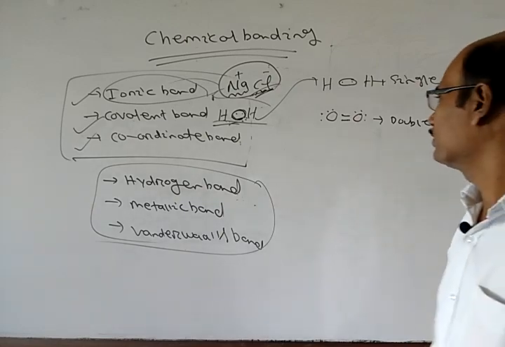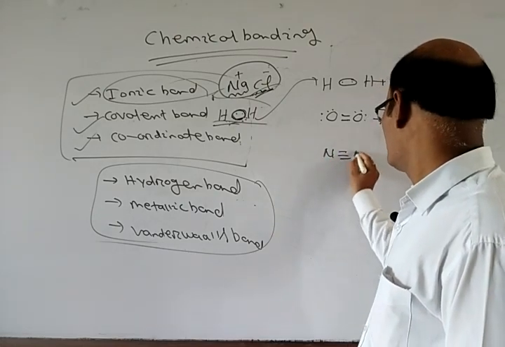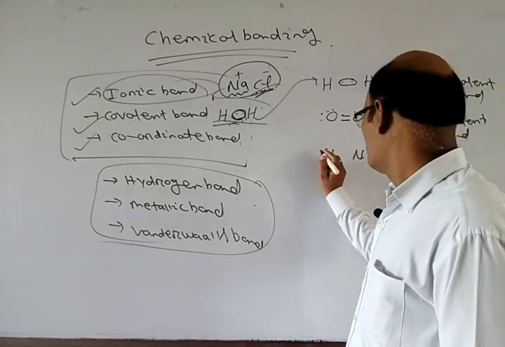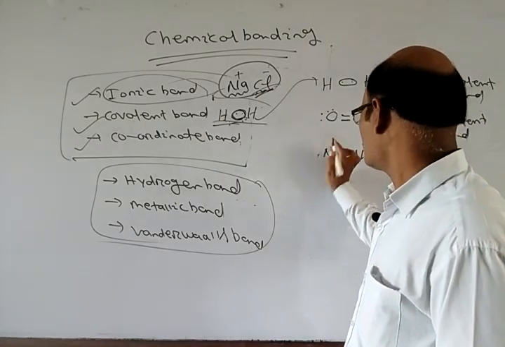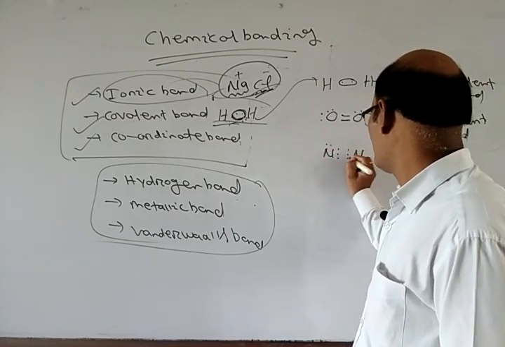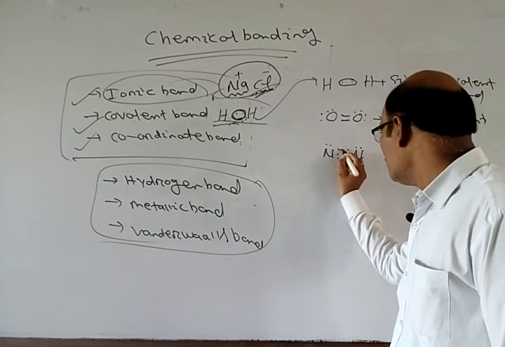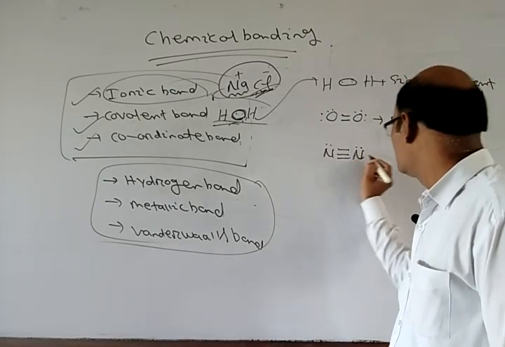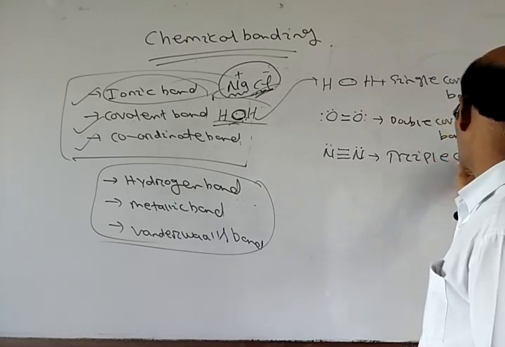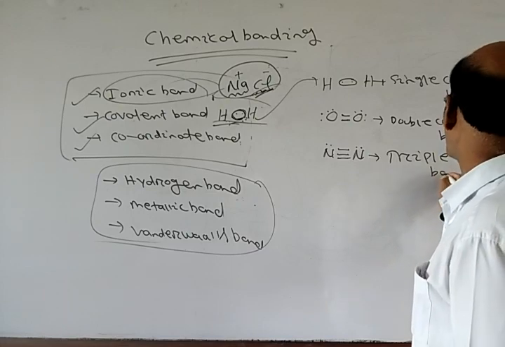Now take N2, with 5 outer electrons on each atom. Here 3 electron pairs are shared, called a triple covalent bond.